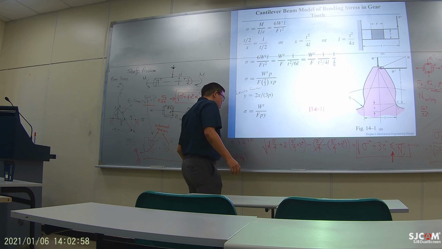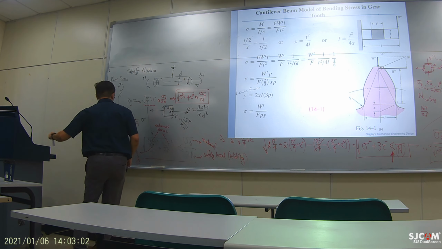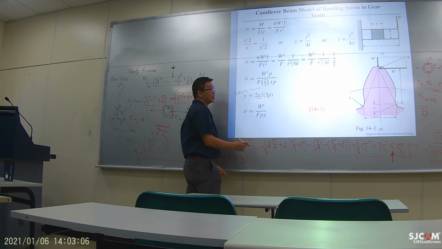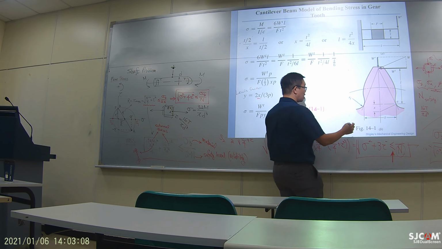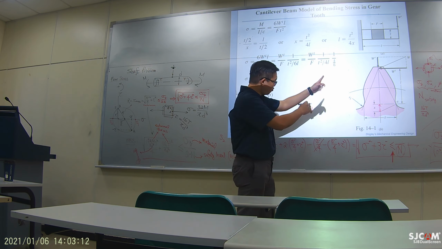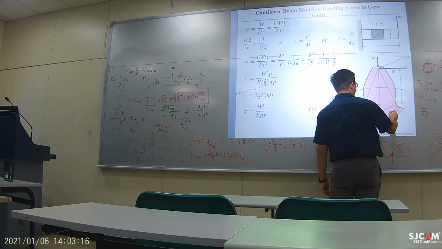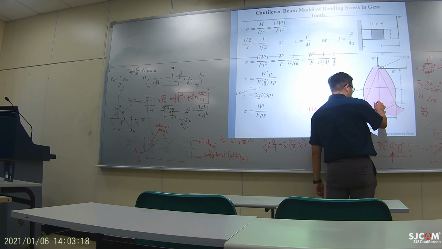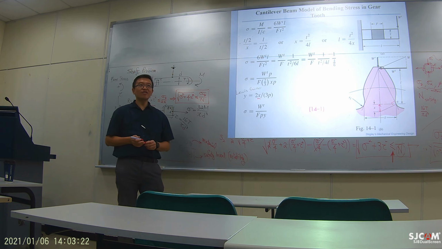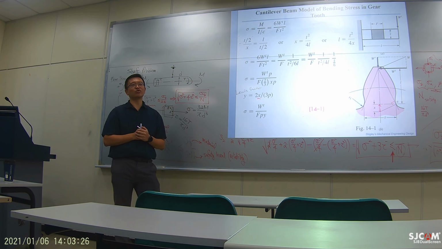So what is this Lewis factor about? Let's take a look at how it is defined. There is one parameter, a dimension x right here, and in the drawing you can see it's a length. From geometry, they figure out that here has to be perpendicular. So it's like a characteristic length that represents the shape of the tooth.